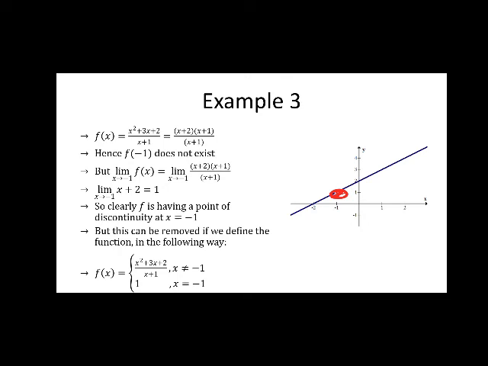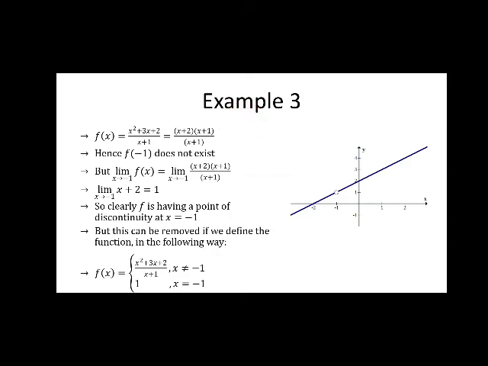So that is the reason why we call this type of function to have removable discontinuity. Removable means that kind of a discontinuity which we can remove on our own, or which we can add on our own, as well as we can remove on our own.